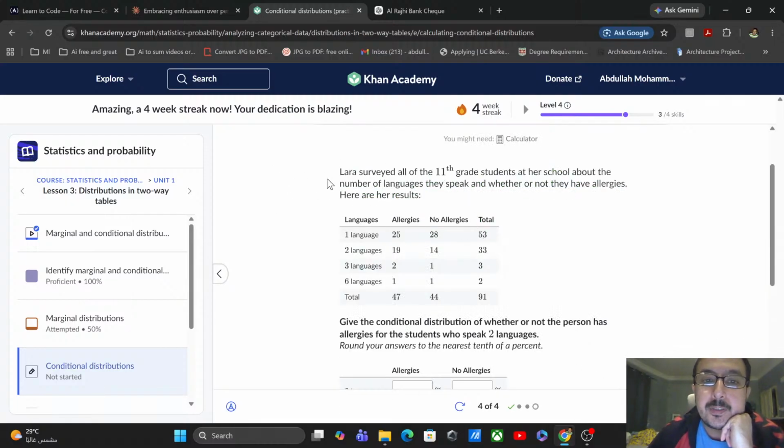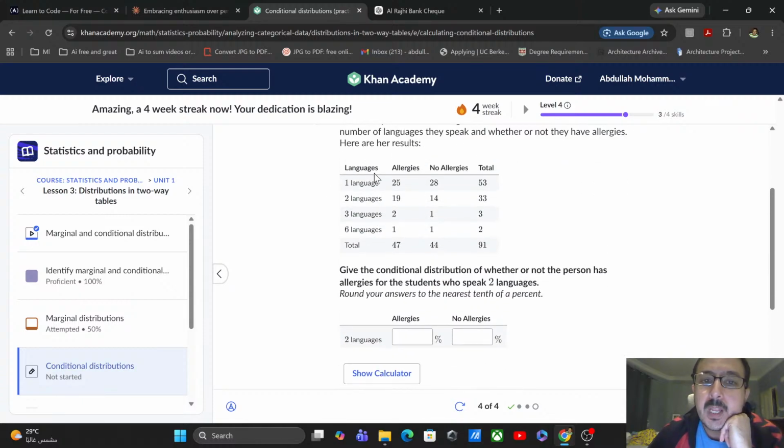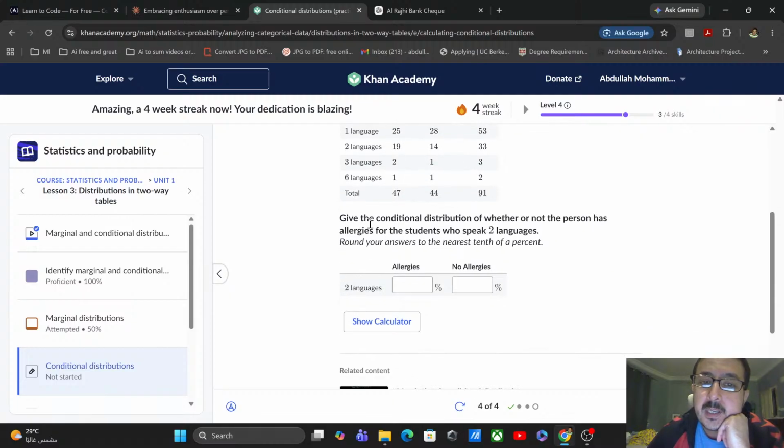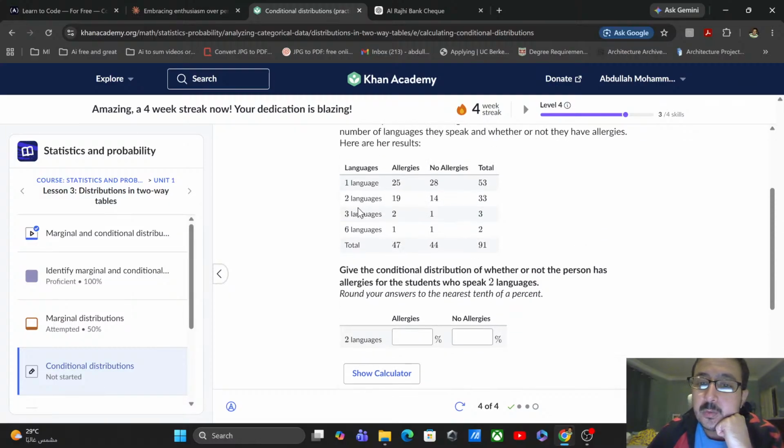Languages, allergies, no allergies, total. Give the conditional distribution of whether or not the person has allergies for the students who speak two languages. Two languages. The conditional distribution of whether or not the person has allergies. Two languages.